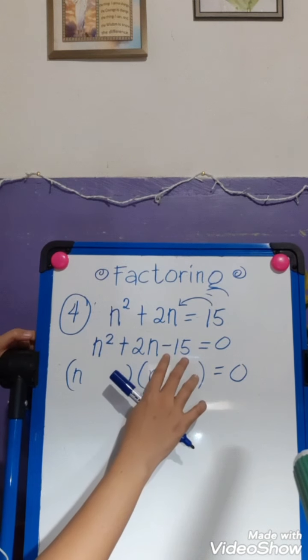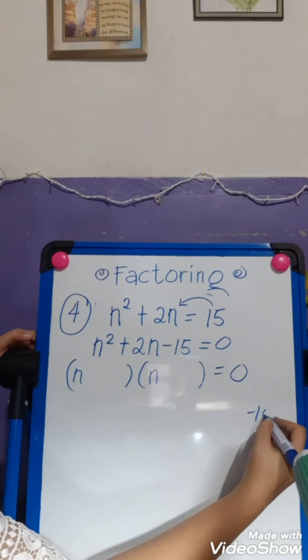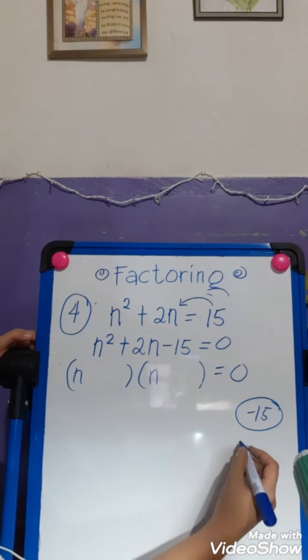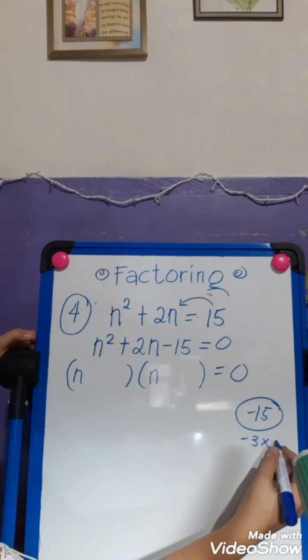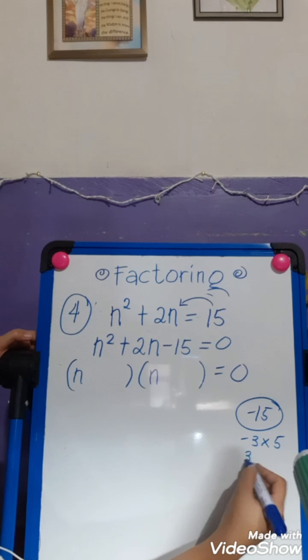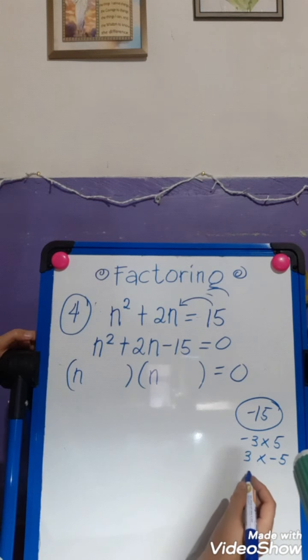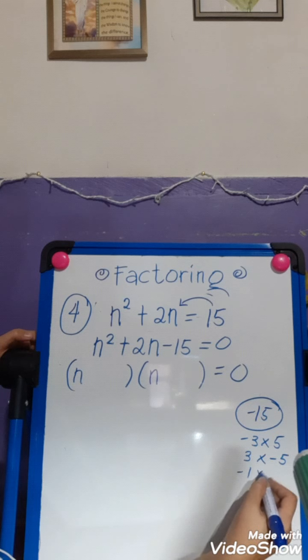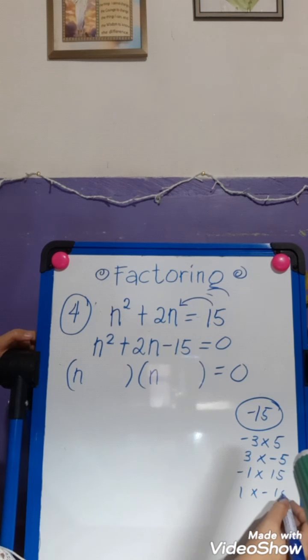And then, what are the factors of negative 15? So negative 15, we have negative 3 times 5, or you have 3 times negative 5, or we have negative 1 times 15, or 1 times negative 15.